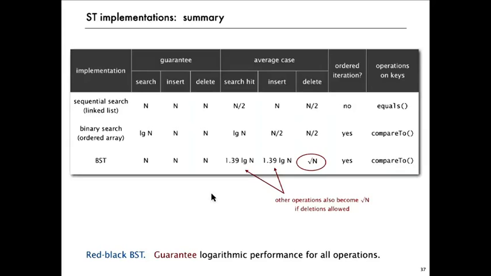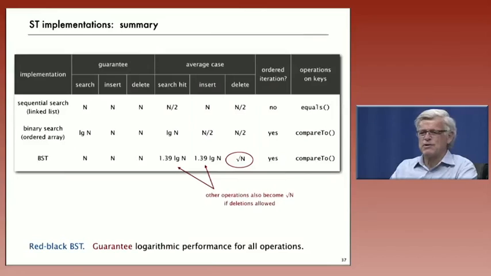And that's going to make the difference between acceptable and not acceptable performance. What we're going to look at next time, called a red-black binary search tree, will guarantee logarithmic performance for all operations. So that's extremely significant and much better than binary search trees. But the delete operation for binary search trees shows us the kind of complexity that we can encounter with working with these kinds of data structures.